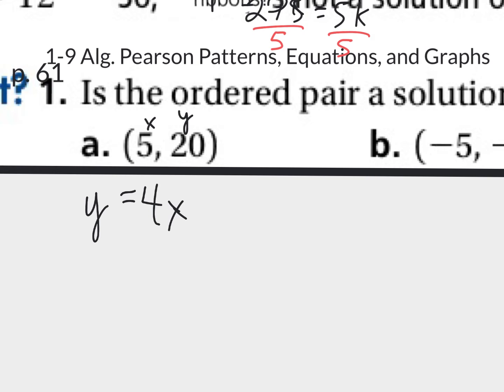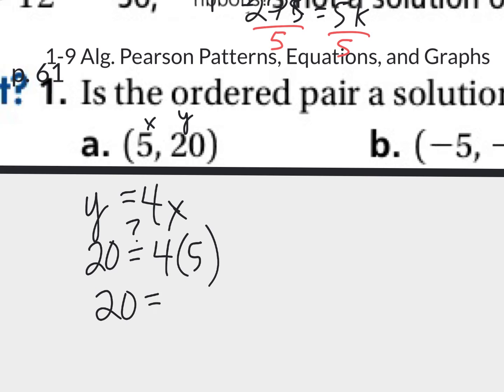So part A, we put a 5 in place of the x, we put a 20 in place of the y, and then we're seeing if these are equal. So when we do this, 4 times 5 is 20. 20 equals 20. So since that came out with the correct statement, we could say yes, that ordered pair is a solution of that equation.